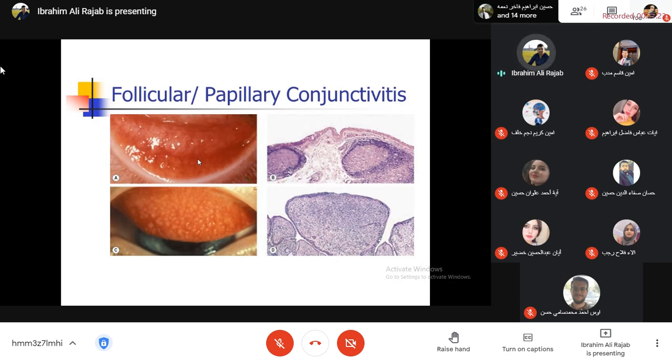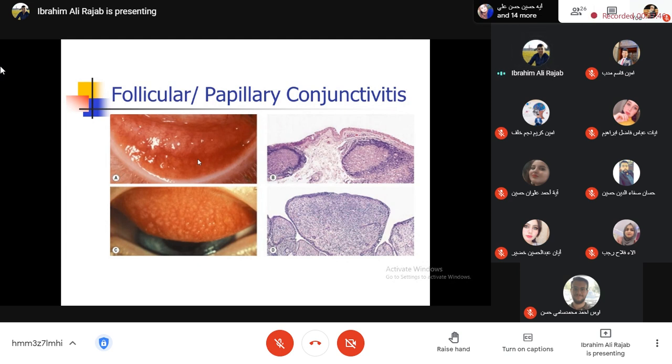And the patients have follicular reaction to the conjunctivitis, and this follicular reaction may be caused by viral conjunctivitis or chlamydial conjunctivitis. So when we notice a follicular reaction, we may keep in our mind that this patient has viral or chlamydial.